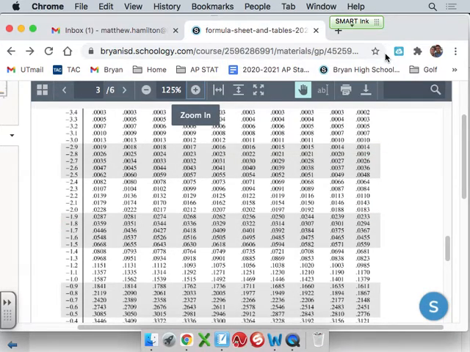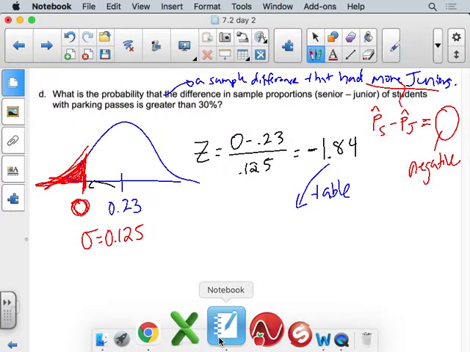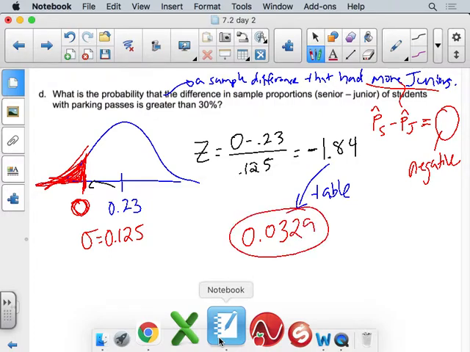All right, so negative 1.8, and then 0, 1, 2, 3, 4. So 0.0329. That is how much area that takes up in decimal form, that little area right there.